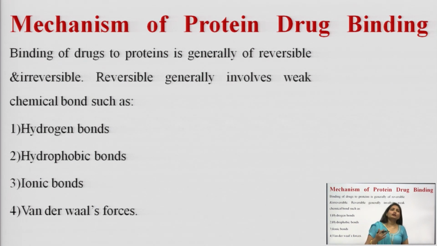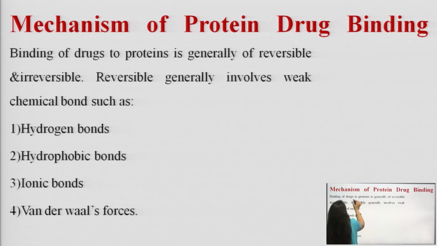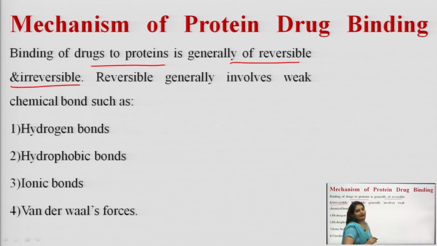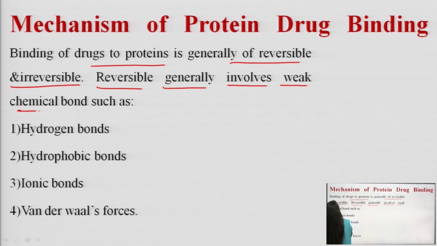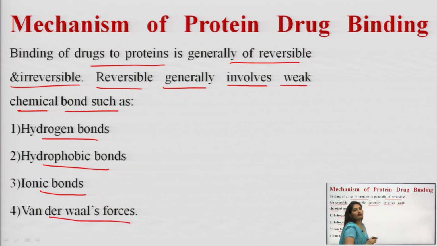So binding of drug to the protein is generally of two types, reversible as well as irreversible. The reversible type of binding involves weak chemical bonds such as hydrogen bonds, hydrophobic bonds, ionic bonds and van der Waals forces.